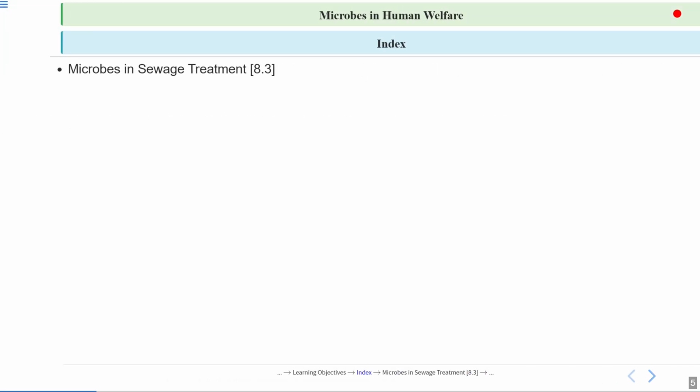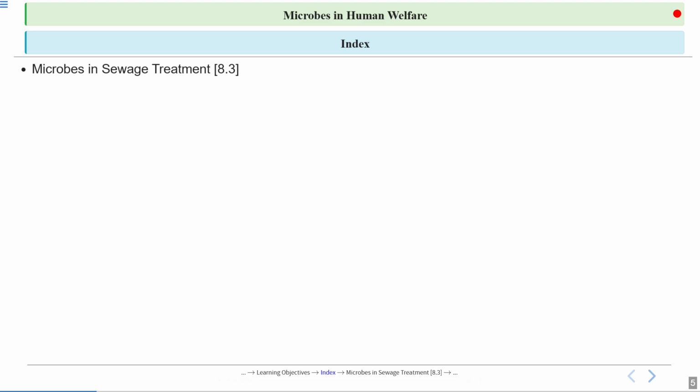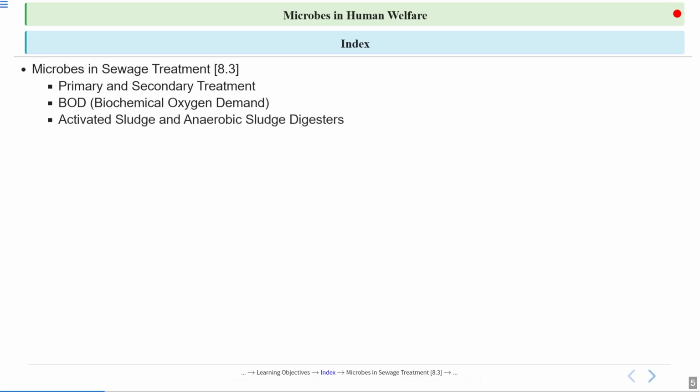Alright, so today we'll be talking about microbes in sewage treatment, which is NCERT section 8.3. Within this topic, we'll talk about primary and secondary treatment. We'll also talk about the BOD, which is biochemical oxygen demand. We'll also talk about activated sludge and anaerobic sludge digester.